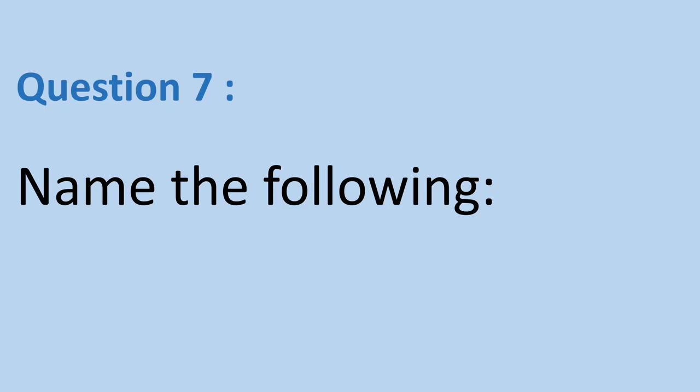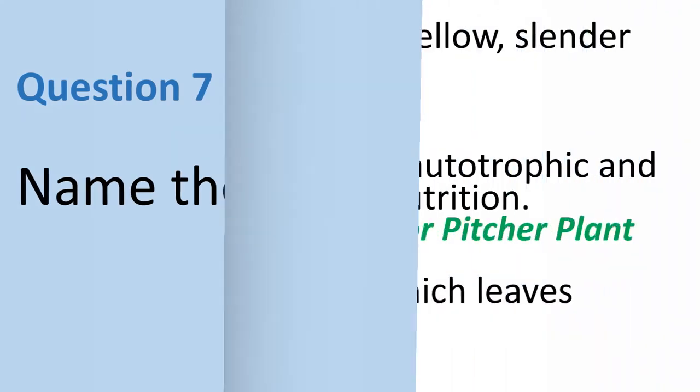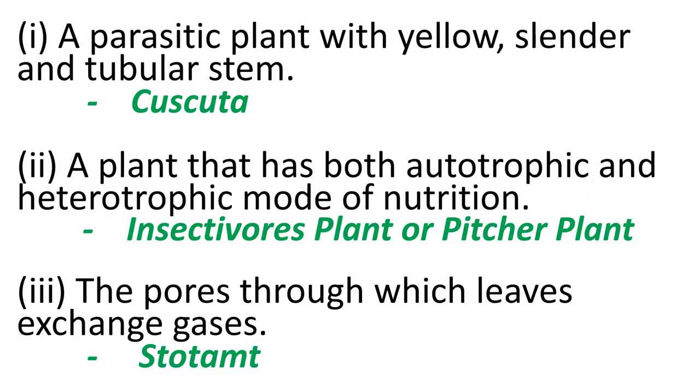Question number 7. Name the following. Number 1. A parasitic plant with yellow, slender, and tubular stem. It's Cuscuta. Number 2. A plant that has both autotrophic and heterotrophic mode of nutrition.